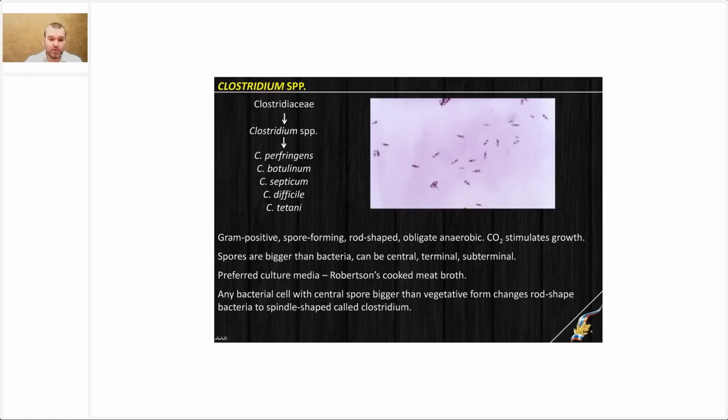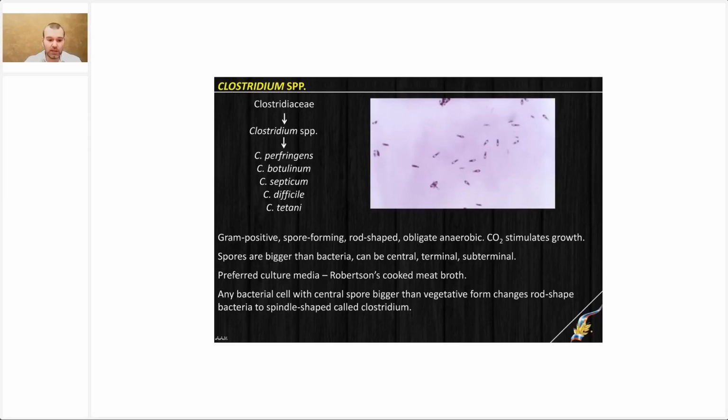The part of the cell containing the spore can have a central, terminal or subterminal location of the spore. That part of the cell will be enlarged, and the spore-containing vegetative form will have a unique shape, enlarged at one end or in the center. And actually, we have again two terms in Clostridium: first the name of the genus, and second the description of the shape.